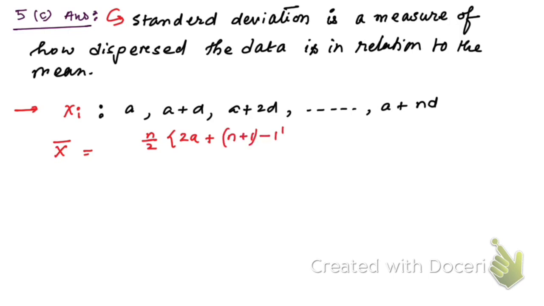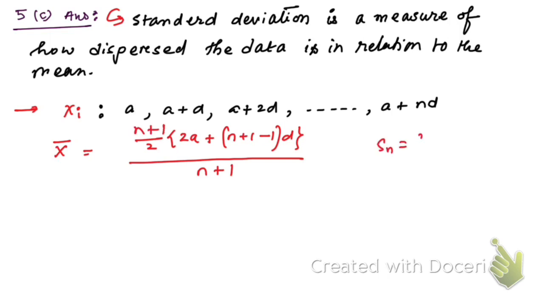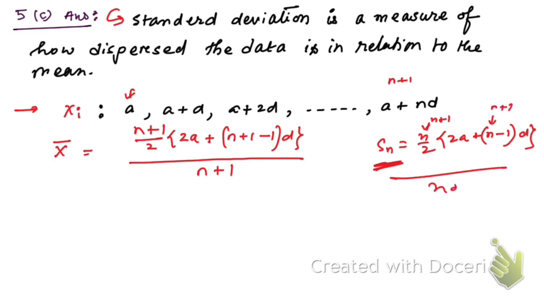Then dividing the sum by the total number of terms, n plus 1, we get the mean.